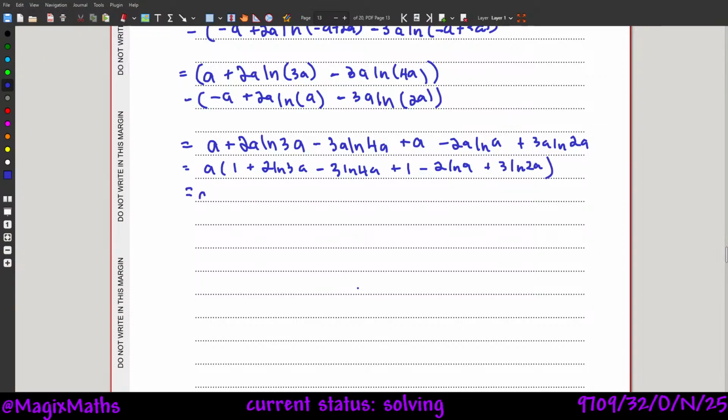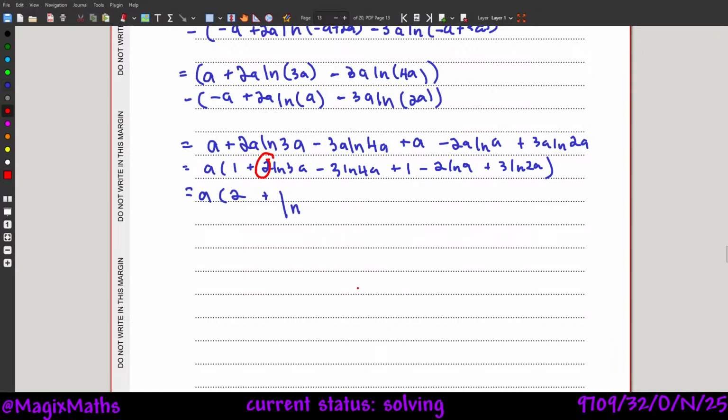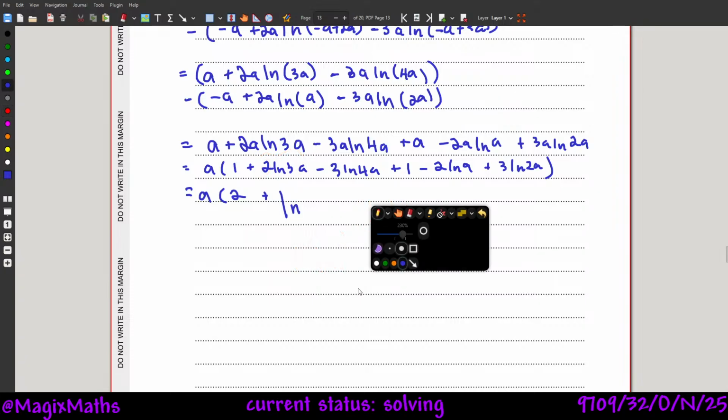We have a times 2 plus a bunch of ln terms, and our first term is 3a. For each of these ln terms, we just rewrite them as ln of 3a squared, and then this one is 4a cubed, and the same goes for the others.